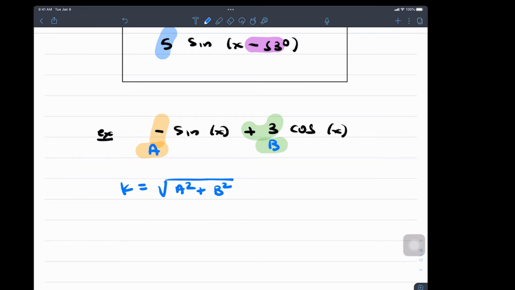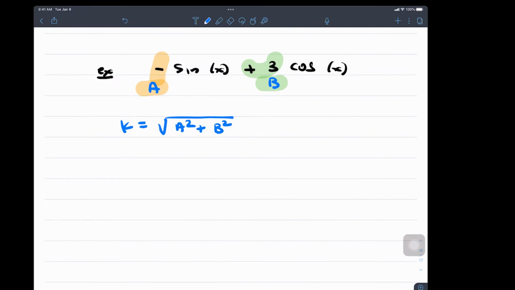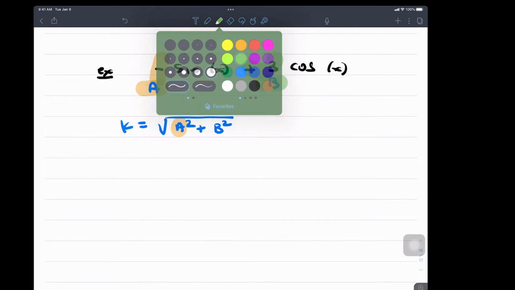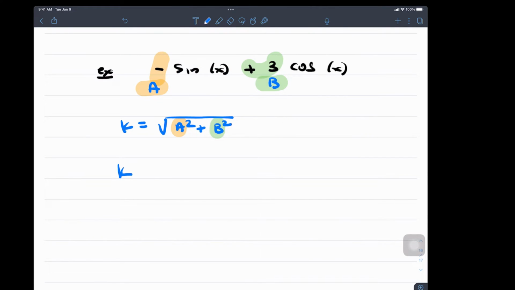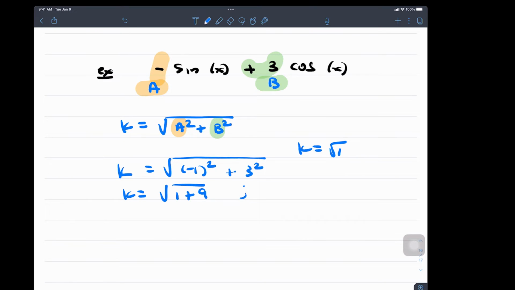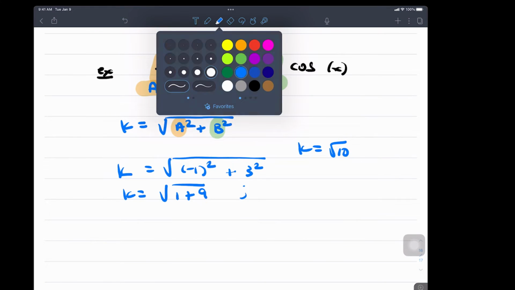A squared plus B squared. Here's A. Here's B. Square root of negative 1 squared plus 3 squared. Okay? Isn't that 1 plus 9? So what is K? Square root of 10.